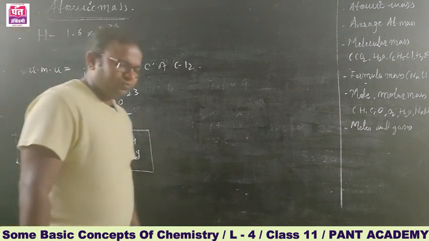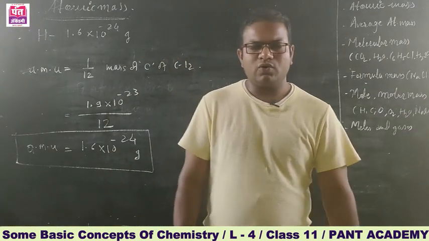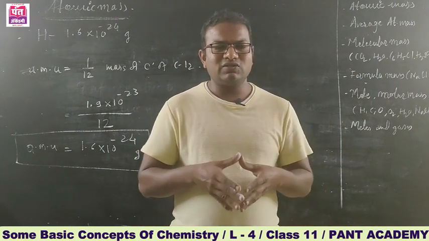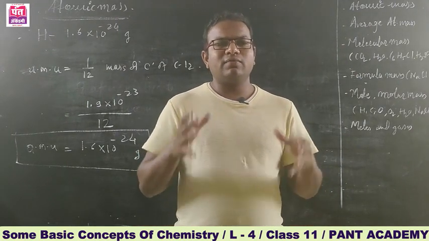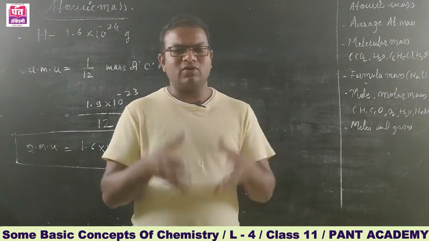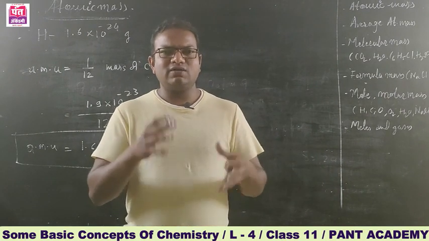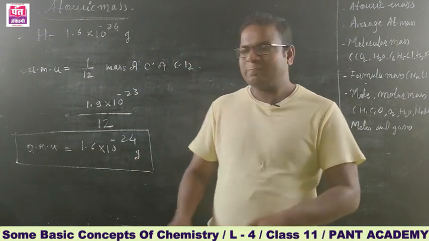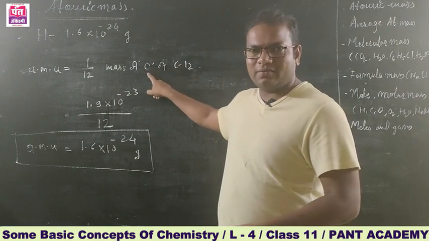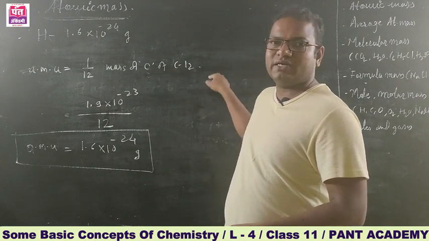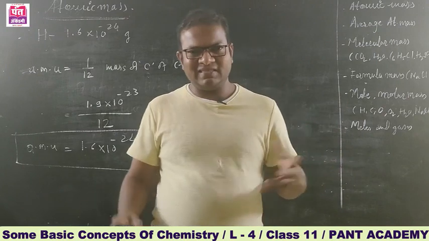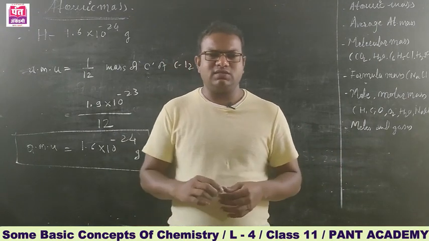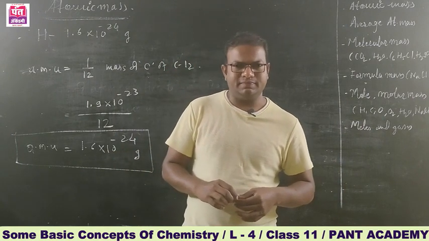Whatever atomic mass we are going to give or we are going to have to particular atom, that mass is called as relative atomic mass, because atomic mass is nothing but the mass of an atom relative to the atom of carbon 12 isotope, as it has been decided by IUPAC system. हे IUPAC system ना decide केलेलं आहे.